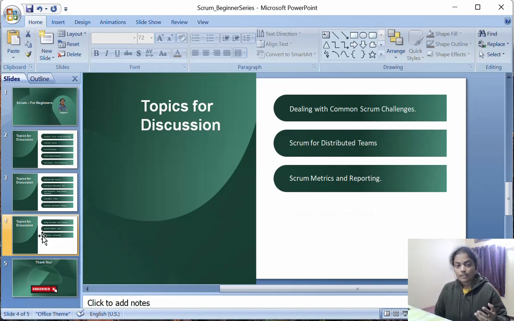Then we get into the common challenges, how to resolve and mitigate them, proactive measures, reactive measures, and how to work with distributed team members. What are the challenges? How can we also plan well so that we don't get into those challenges?